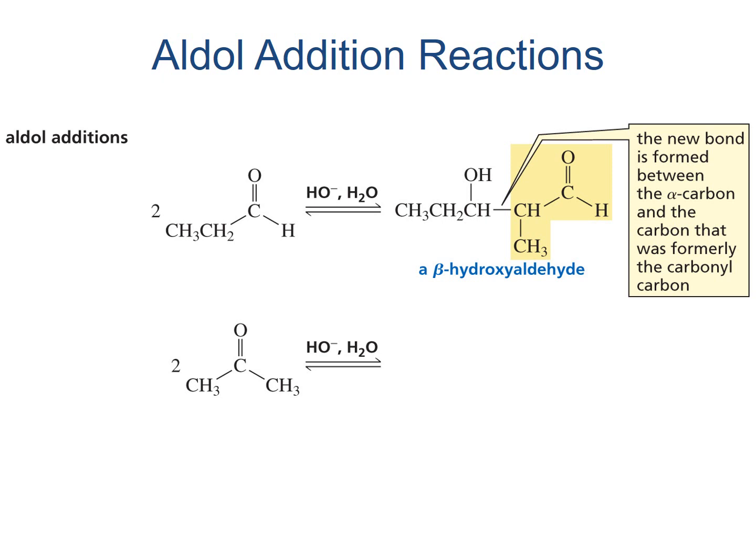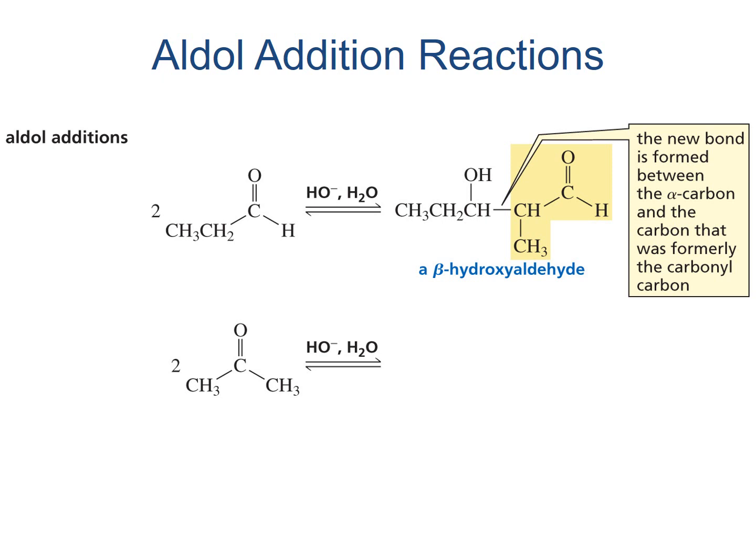The second one is in white, pointing to the 3 carbons and now what our carbonyl has become, a hydroxyl group. Notice the new bond is going to be formed between the alpha carbon and the carbon that was formerly the carbonyl carbon, right? So we're saying in your nucleophile, that's the one that's going to be the alpha carbon.